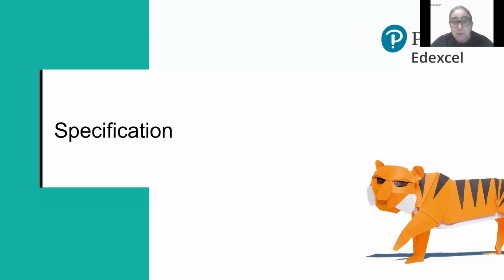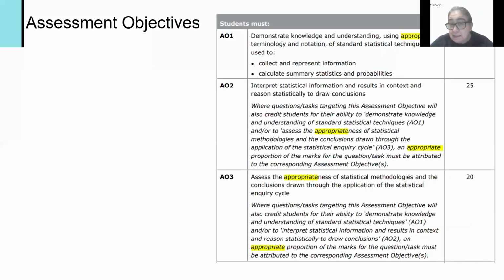It sits within the spec as, whilst it does say AO1, using appropriate terminology, it's not really assessing that. So we're talking about AO2 and AO3 for GCSE stats, totally different types of assessment objectives than GCSE maths, so they are worth looking at.